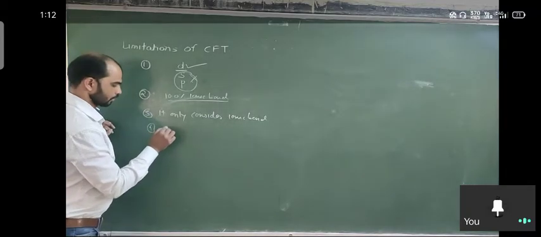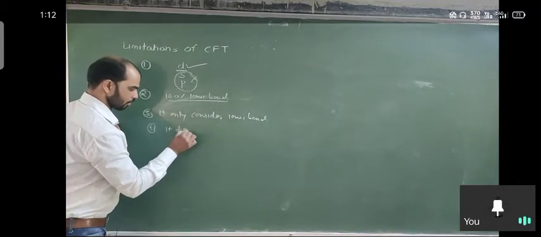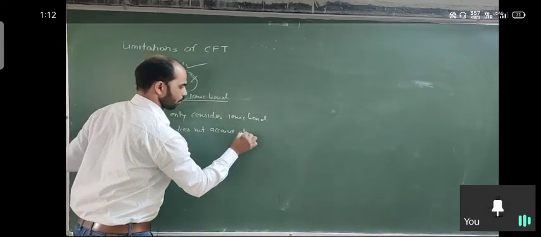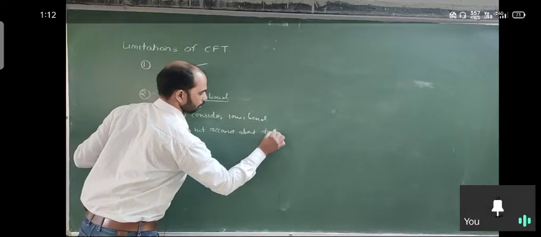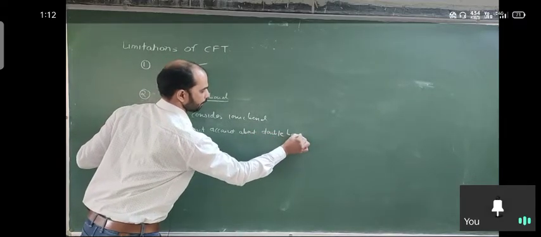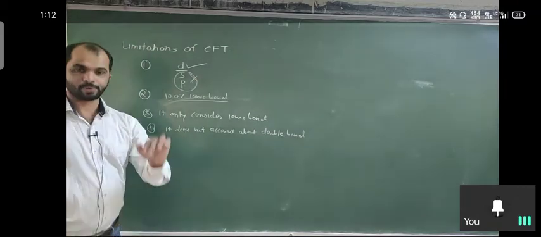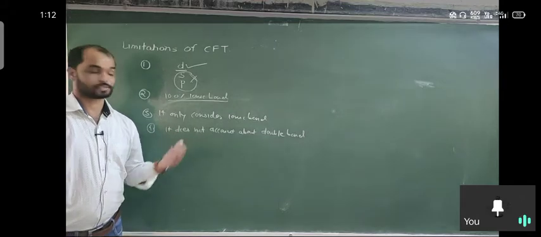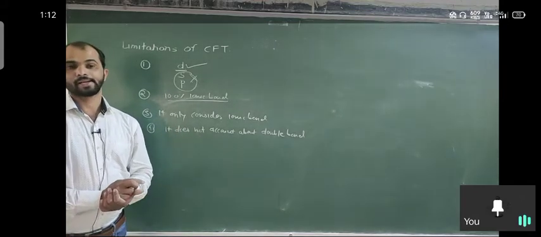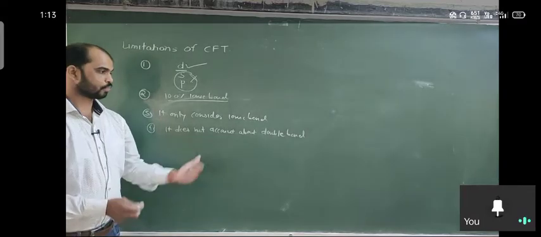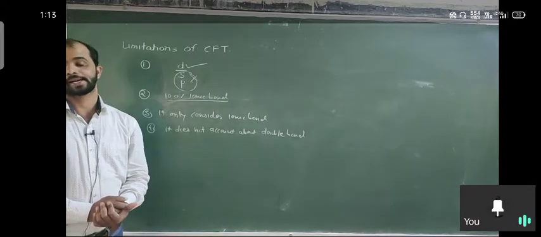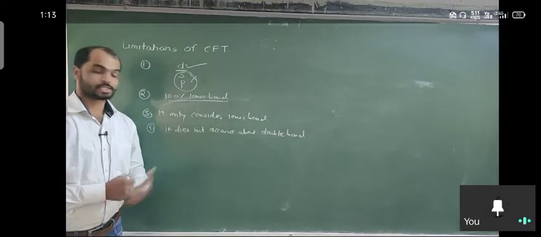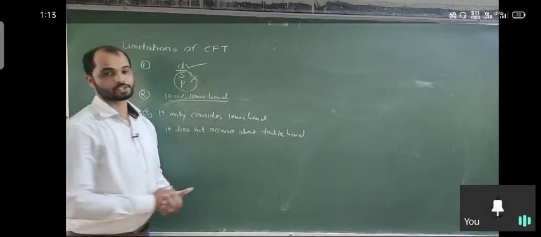Fourth, it does not account for the double bond. Means there can be a double bond formed between the metal and ligand, and it is acceptable. In many cases the metal and ligand form multiple bonds, but how multiple bonds are formed between the metal and ligand, which is really present, is not explained by crystal field theory. So this is one of the limitations of crystal field theory.